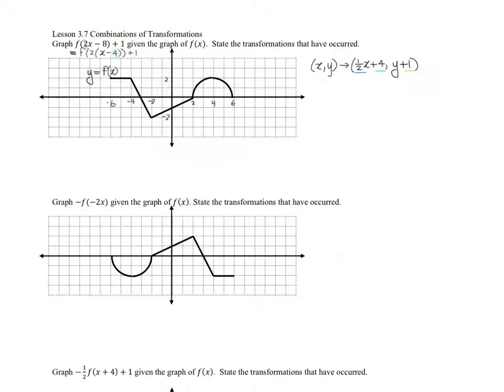-6, 2, -4, 2, we have -2, -2, and then we have 2, 0, and then we have 4, 2, and then we have 6, 0.